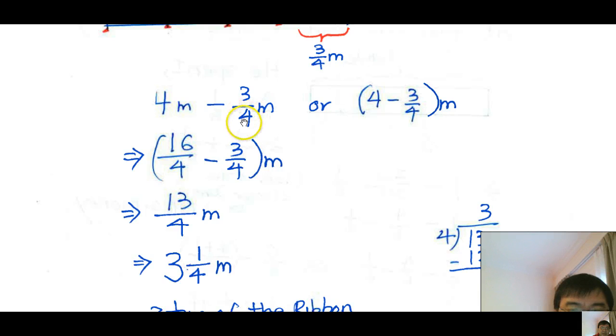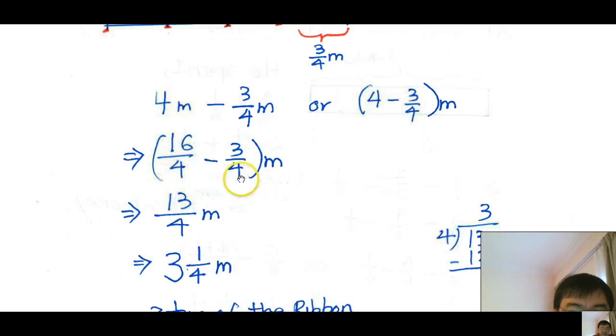We are dealing with a denominator of 4. So you must ask, what divided by 4 gives you 4? From your times table you can find that 16 divided by 4 gives you 4. So this 4 whole number, the improper fraction is 16 over 4.